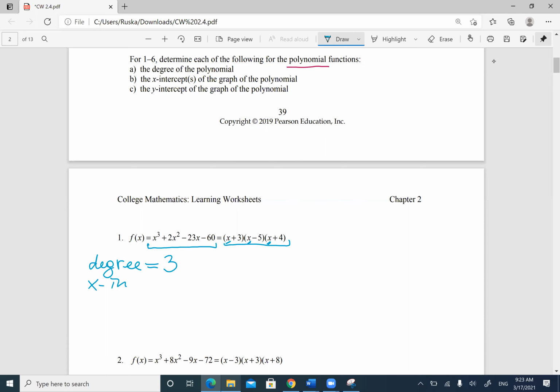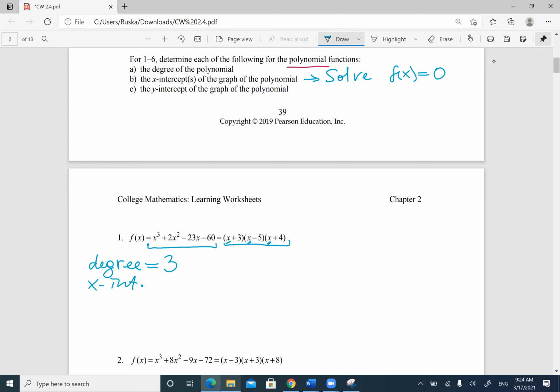Finding the x-intercept is the same rule we use for quadratic functions. And I'm going to write the rule here. For x-intercept, you're going to solve the function equals 0. f of x equals 0. Solve that equation. So for the x-intercept here in number 1, I have to solve x cubed plus 2x squared minus 23x minus 60 equals 0.